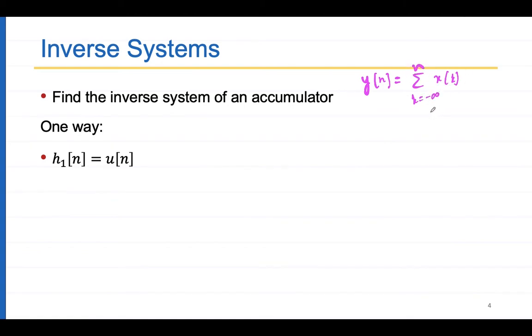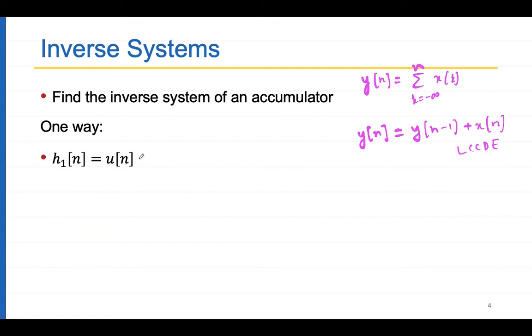This is my accumulator system, and if you remember from the previous video, we have another representation, y of n is equal to y of n minus 1 plus x of n. This is another representation using a linear constant coefficient difference equation.